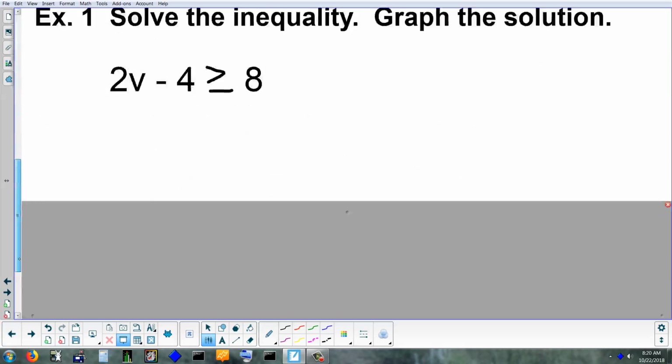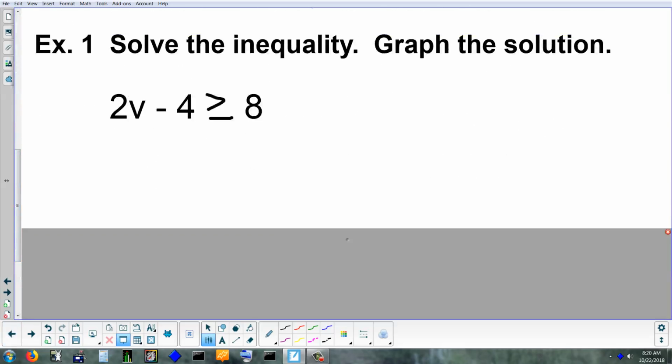This one doesn't. So what is my first step then? If I don't have any simplifying, I can go right to the next step. Yep. Add 4 on both sides. We're going to add 4. We're going to add 4. So negative 4 plus 4, that's gone. What's still on the left-hand side? 2v.